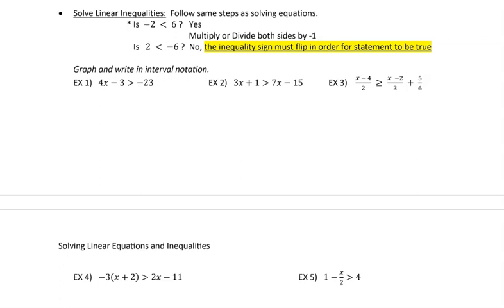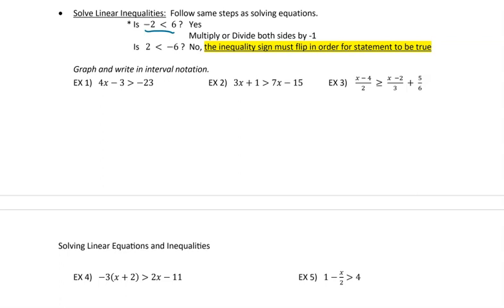One, we're going to write our answers in interval notation. So that's why we learned interval notation. But two, if we look at this right here, -2 is less than 6. That makes sense, right? Because -2 is definitely less than 6. All right, remember, we can always multiply equations on both sides by the same number, right?